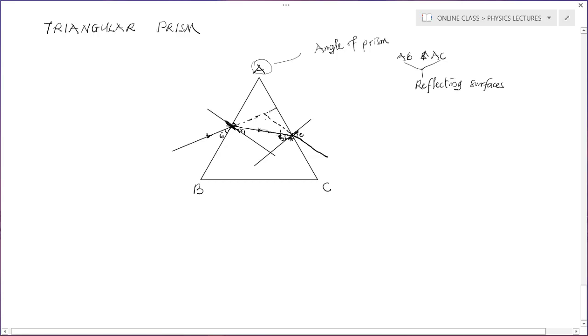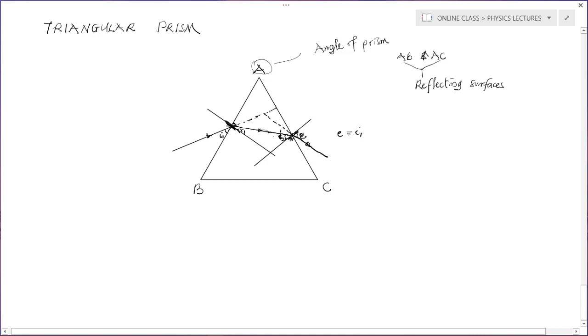This is the angle that emerges out there. We call it the angle of emergence. And usually the angle of emergence, this E here, E equals I, they will be equal, I1 in that case.